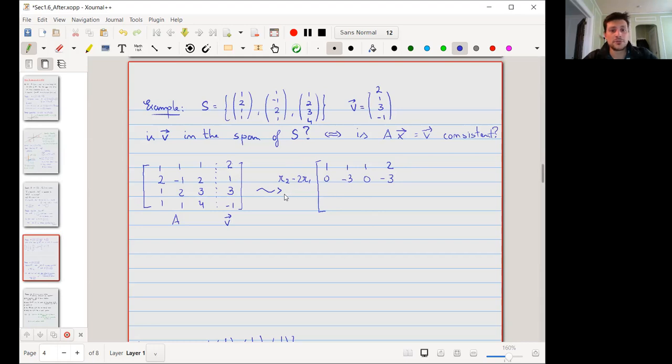Then for this third row, I will just subtract the first. So I get 0, 1, 2, 1. For the fourth row, I will subtract the first row to get a 0, 0, 3, minus 3.